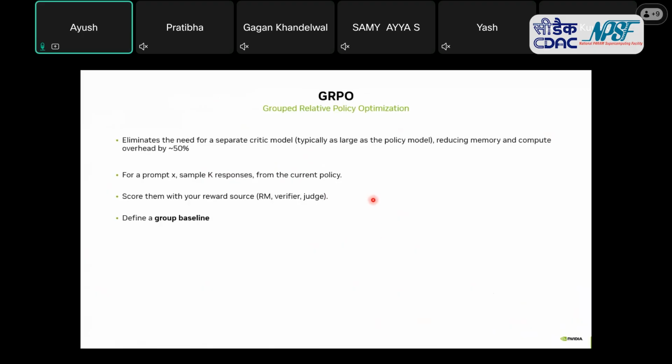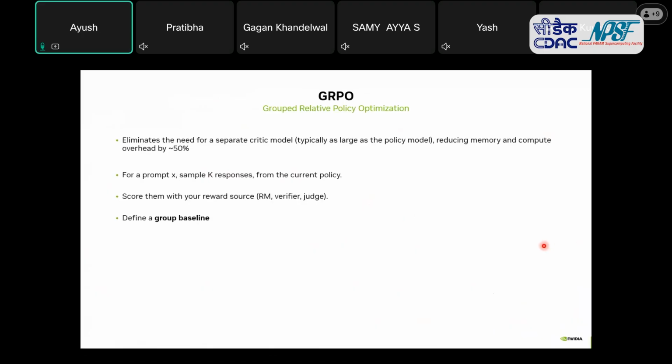Once you get that mean reward, you try to increase the log probabilities of tokens which are above this mean reward baseline, and push down those log probabilities which are below the baseline, while applying a KL anchor. KL divergence is always there to prevent the model from straying too far.